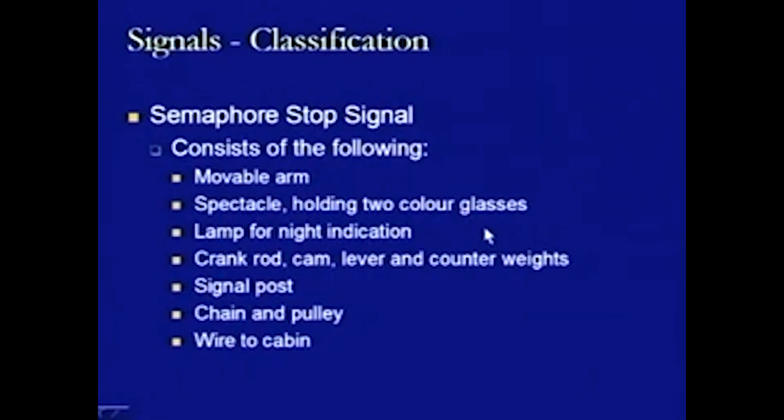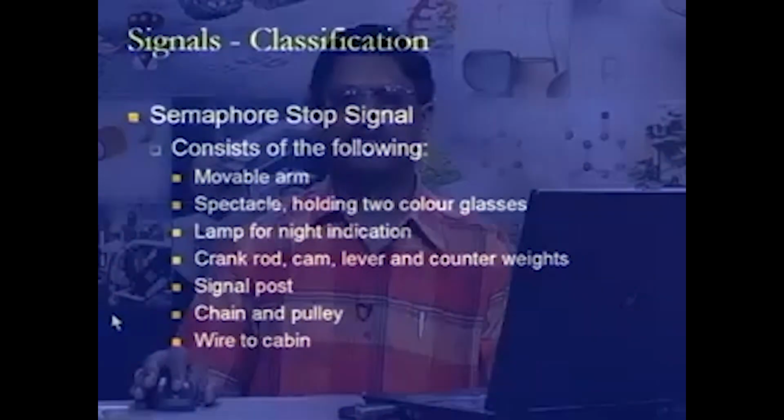The components are the movable arm, the spectacle holding two color glasses, a lamp for night indication, crank rod, cam, lever and counterweights working as one complete assembly, signal post, chains and pulleys to operate the movable arms, and wire to the cabin from where it is operated. These are the things that constitute a semaphore stop signal.